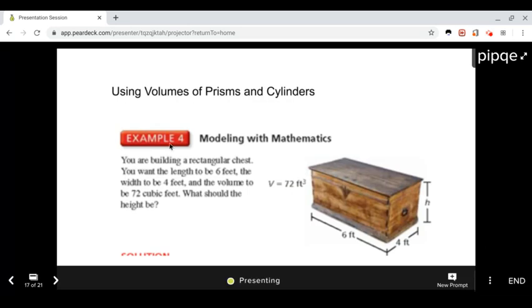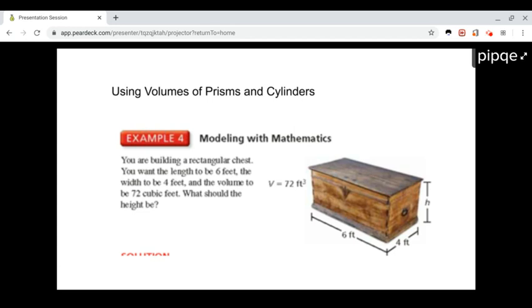Okay, so now we're moving on with using volumes of prisms and cylinders. This one is a real life application, modeling with mathematics. This is obviously more for an advanced student, something to challenge them. You're building a rectangular chest. You want the length to be 6 feet, the width to be 4 feet, and the volume to be 72 cubic feet.